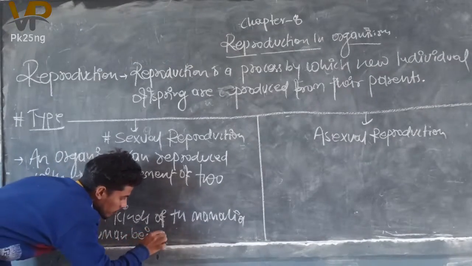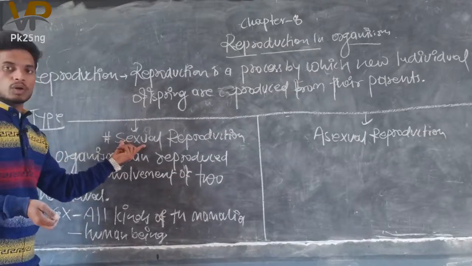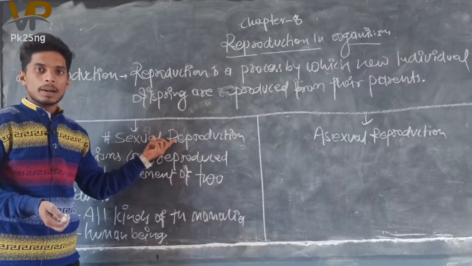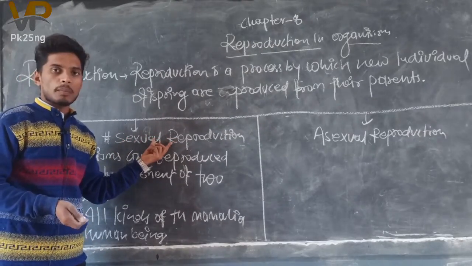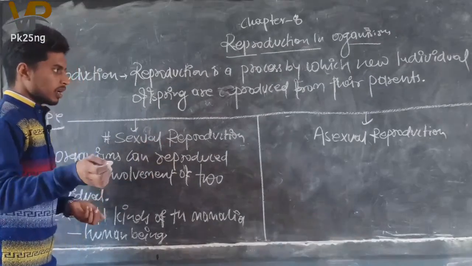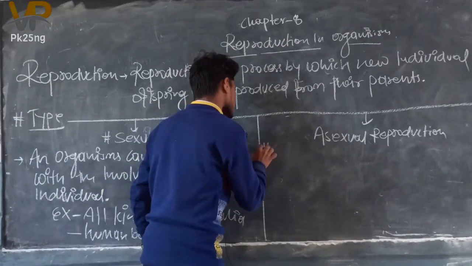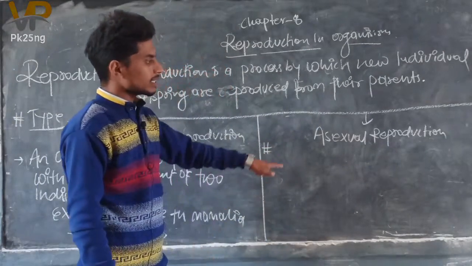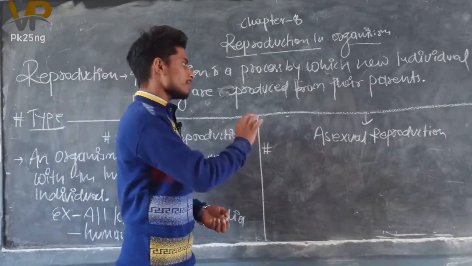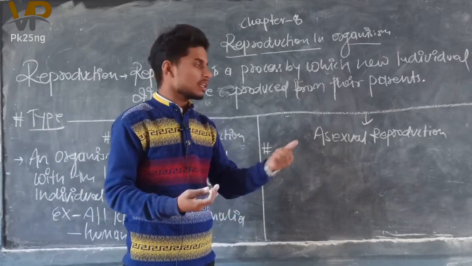That means in humans too, this mode of sexual reproduction occurs. Now take another example, and we will understand asexual reproduction, what it means and which kinds of reproduction come under it.